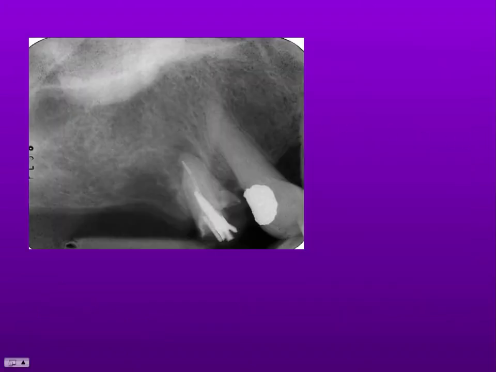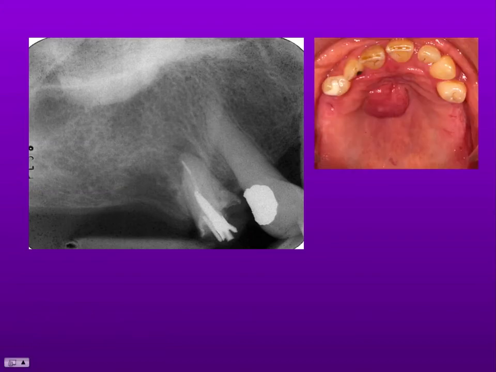There is a comparable phenomenon in the maxilla called a torus palatinus, and here we see a clinical example of a patient with a torus palatinus, a benign growth of the palatal vault.